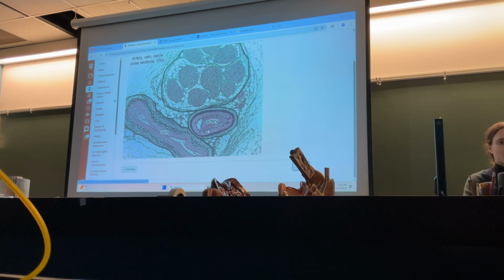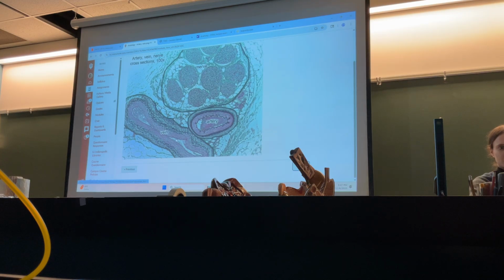Again, a lot of times we'll say, oh, well, the artery is easy to tell because it'll maintain its circular shape. Sometimes, not every time, so don't get thrown off if it's not a perfect circle. For the artery, the thickness of the walls is usually a good cue, because the tunica media for an artery will always be the thickest of the 3 layers, versus for veins, it'll be the tunica adventitia out here.